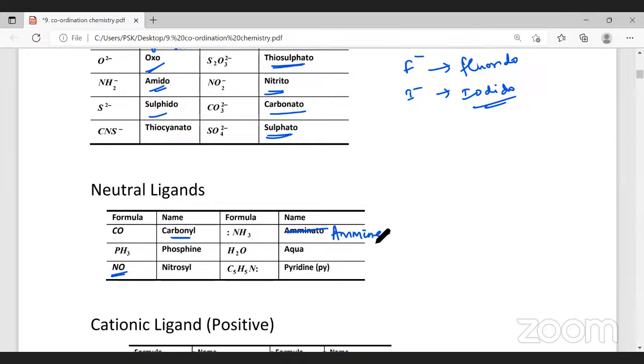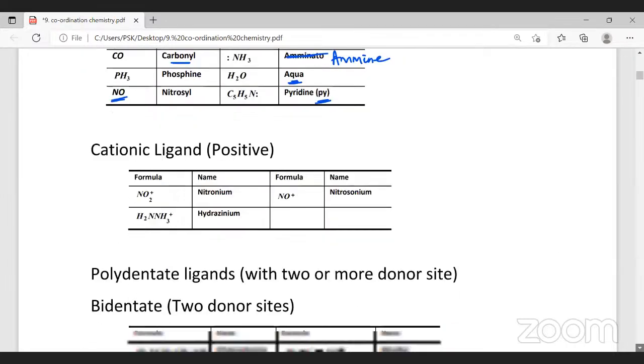It's not the organic chemistry amine. So ammonia here is a ligand and has to be named ammine. Water is also a monodentate ligand, named aqua. Pyridine is also a monodentate ligand with the same name, pyridine, represented as py. Now coming to the next, cationic ligands.